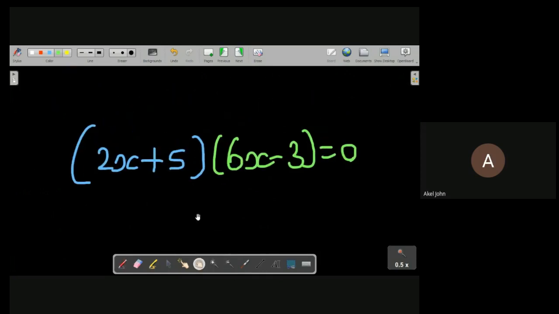Alright, so pause the video and take a minute or so to solve the product of two binomials. Remember, when you're solving, you need to get two answers, right? There will always be two answers for x.